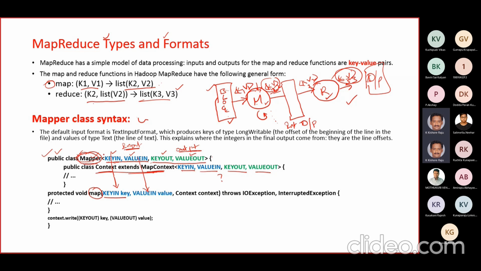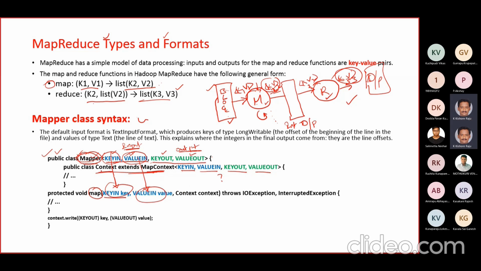We already discussed this is the input key and input value. Then the context will be returned here, and it will throw IOException and InterruptedException. And finally, once these keys and values enter the mapper, they will be processed here.